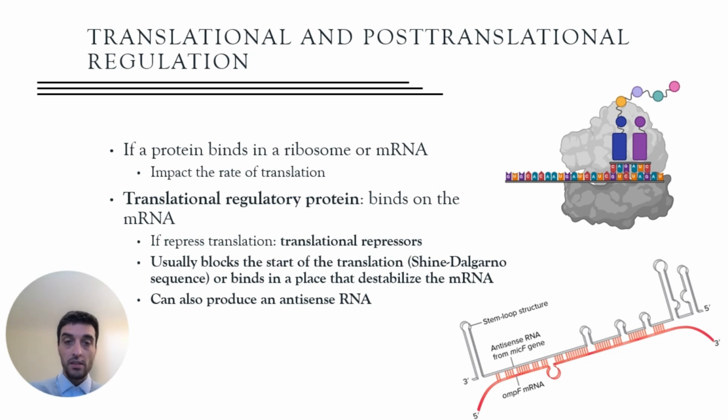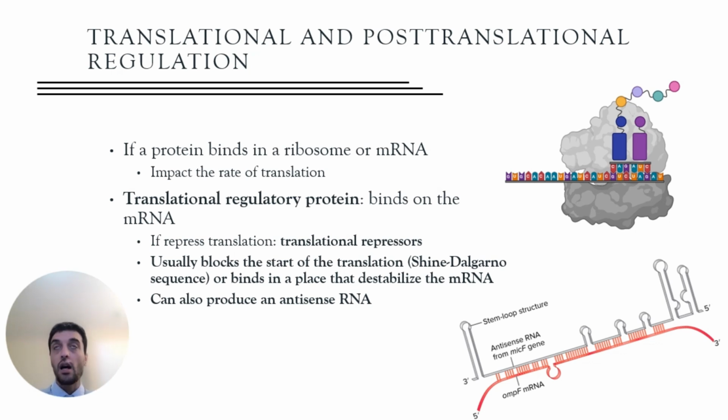So if a protein binds to a ribosome or mRNA, it's going to impact the translation of that mRNA, correct? These translational regulatory proteins are going to be binding to the mRNA. And if they repress the translation, we call these proteins translational repressors. There are also some that bind to or block the Shine-Dalgarno sequence in a way that destabilizes the mRNA, so it cannot fit very well in the ribosome and is not going to be translated.